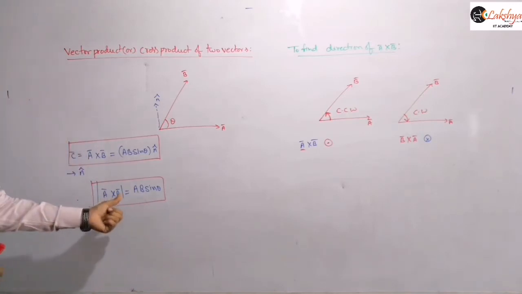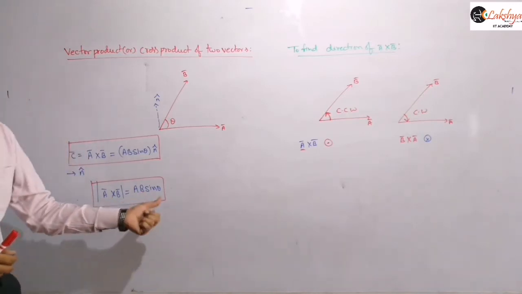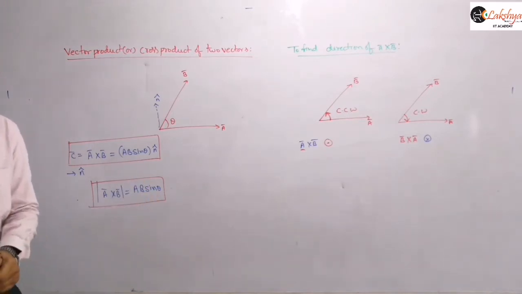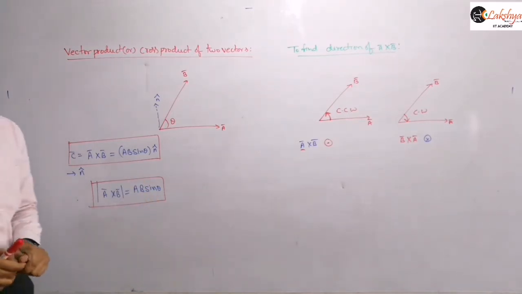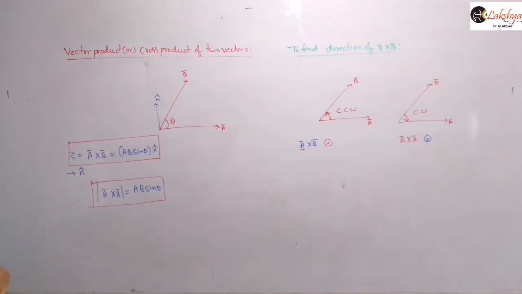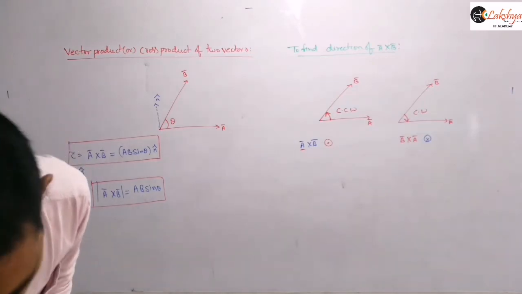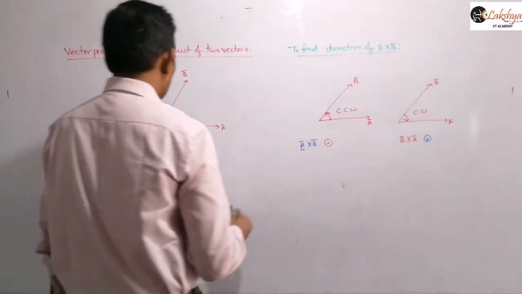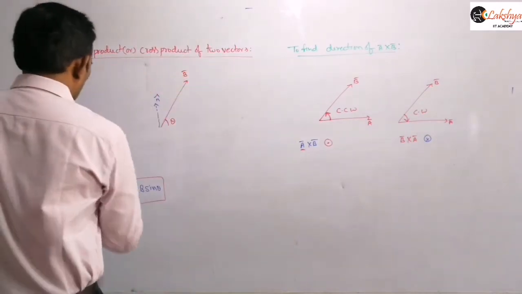Because for the magnitude, a bar cross b bar is ab sin theta, and b bar cross a bar is ba sin theta, both are the same. Therefore, a bar cross b bar and b bar cross a bar are anti-parallel vectors.